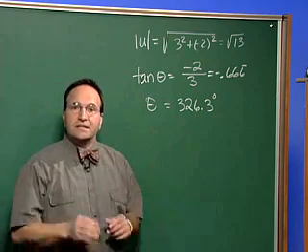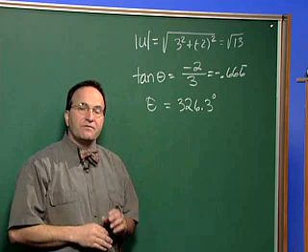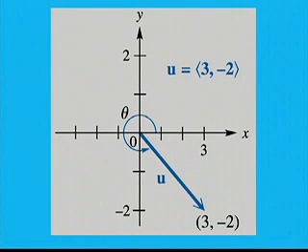Now, let's look at a diagram so you can see this vector, because it is important to understand how I came up with 326.3 degrees. Because I knew that vector u was going to be in the fourth quadrant, because I noticed that the x coordinate was positive, the y coordinate was negative.